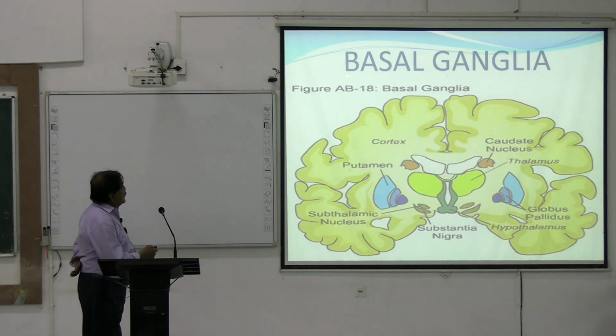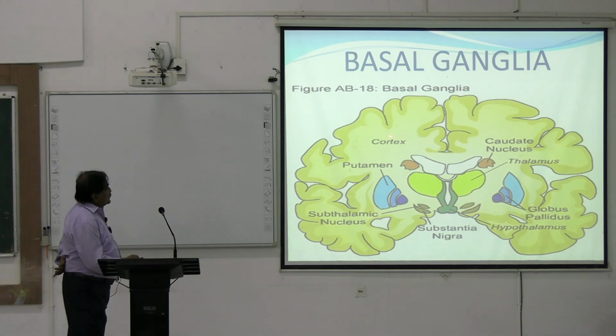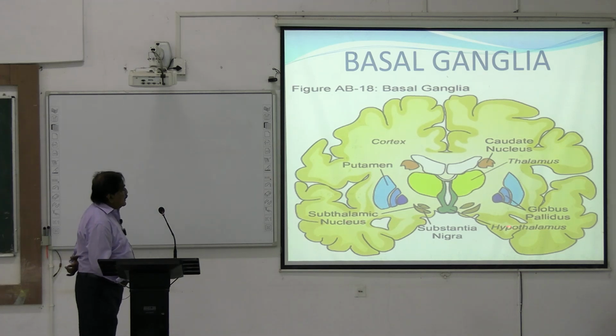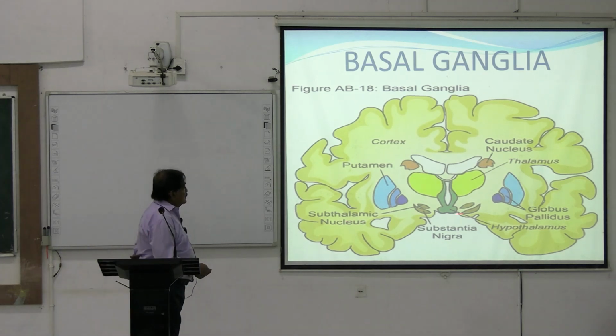I repeat, basal ganglia is a picture showing the cortex, the caudate nucleus, the thalamus, putamen, subthalamic nucleus, substantia nigra, hypothalamus, globus pallidus.